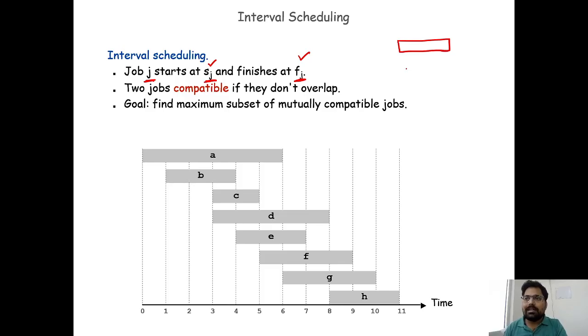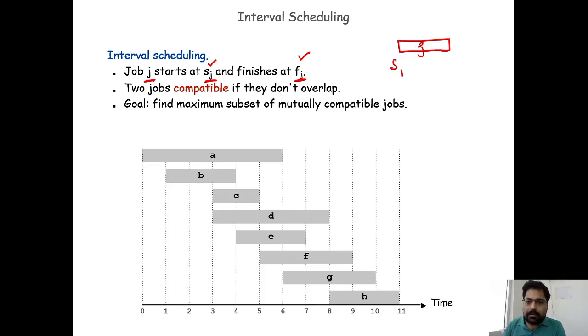Suppose you double click on a web browser, or you give any task. If your CPU is not responding, it will hang. To put it in a theoretical manner, we say a job is getting created and the name of the job is small j. Clear?